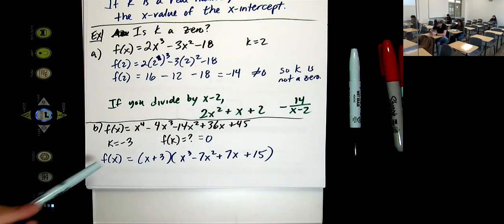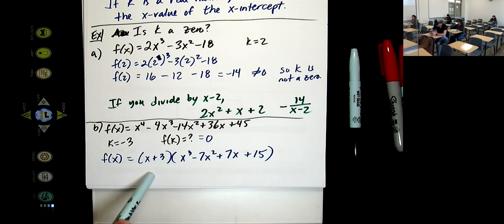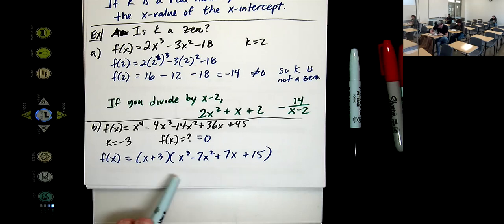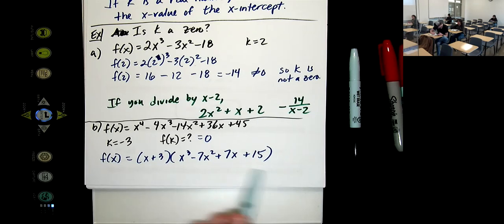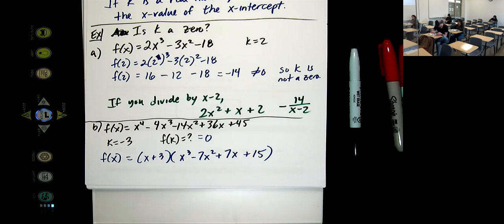So if I rewrite it as x minus k times the thing, if you practice your synthetic division, these should be the coefficients you get. You want to try it out later?